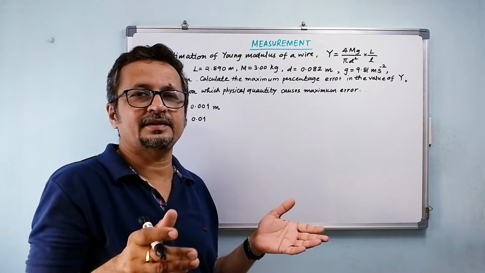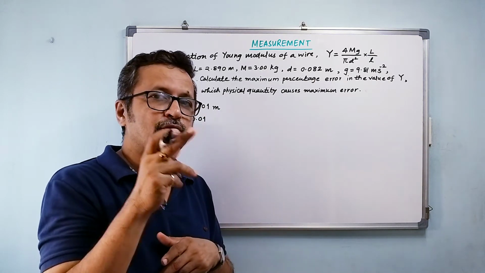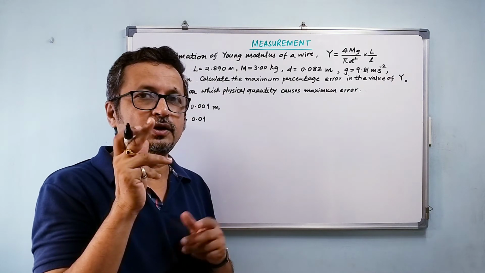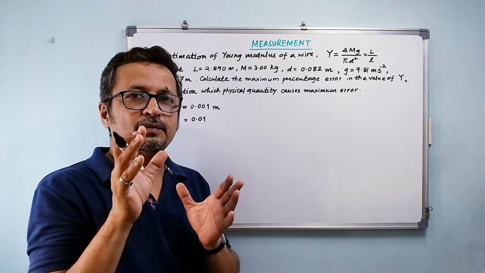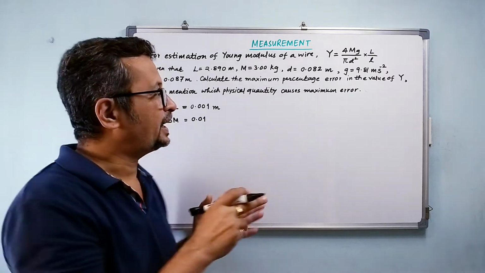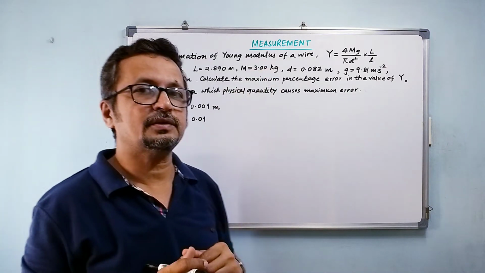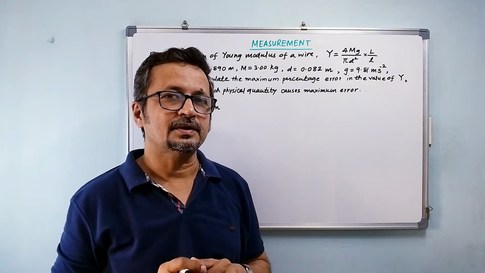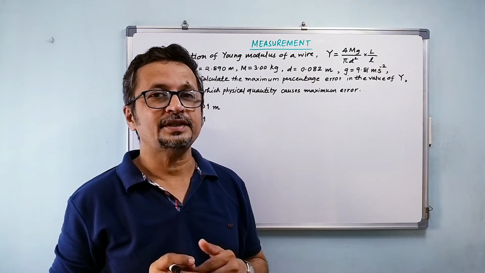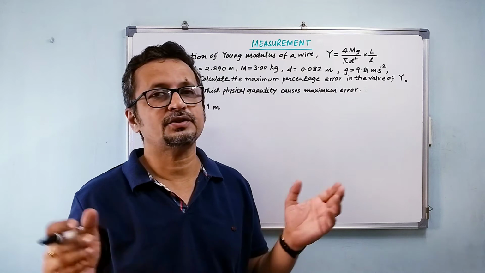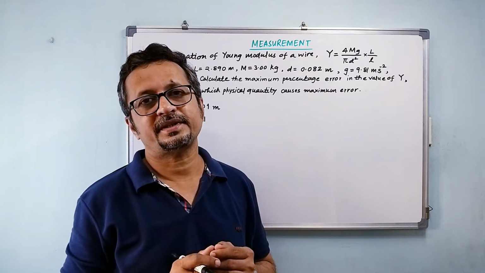If I write 3 kg, then that 3 would not be reliable. In order to make that quantity reliable, I have added this. So what is the least count of the measuring instrument that I am using? It would be 0.01 kg, and 0.01 kg would be equal to 10 gram.